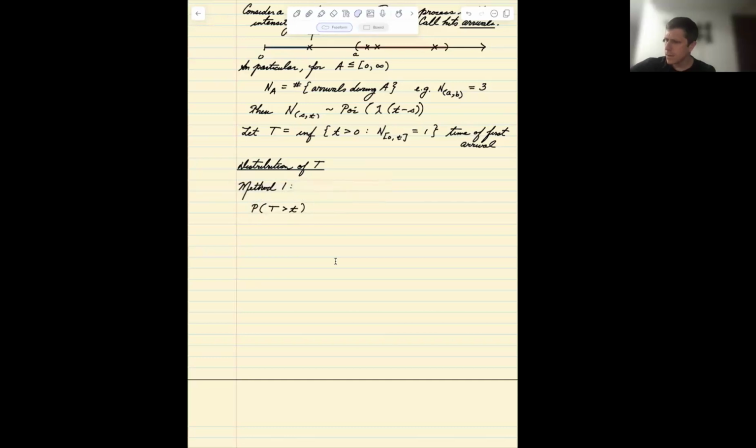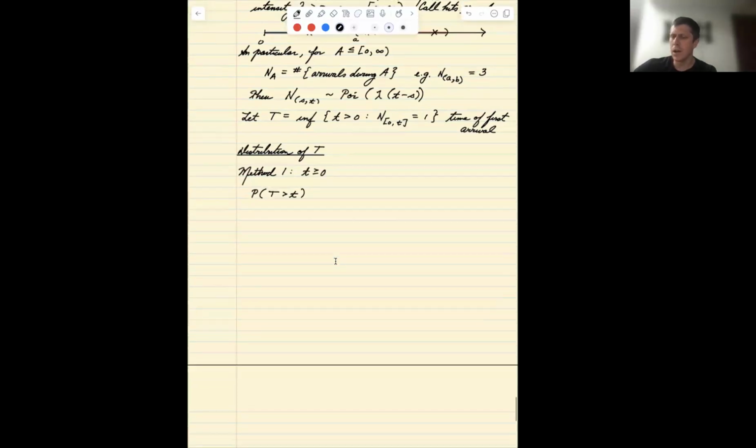Let's make clear that little t is just a constant bigger than or equal to zero. The first arrival is after t. In order for that to happen, we need to have no arrivals between 0 and t. Having no arrivals between 0 and t is equal to saying that the number of arrivals between 0 and t is 0.